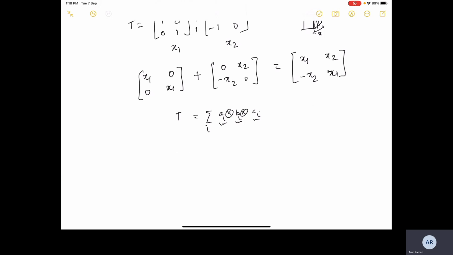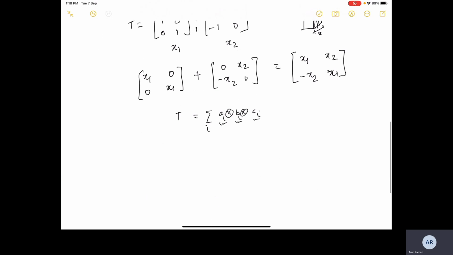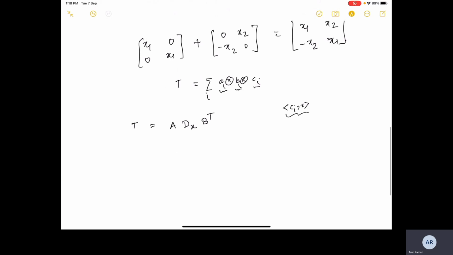Then the decomposition looks something like this: we have the inner product of c_i and x, and we create a diagonal matrix. So what we have is A D_x B transpose. So the tensor can be written like this.